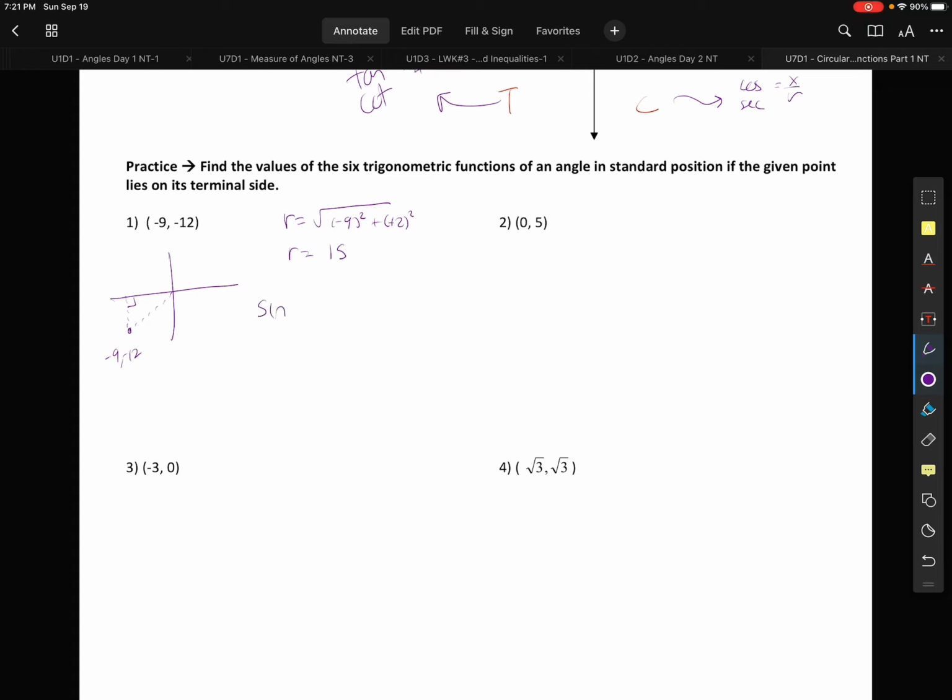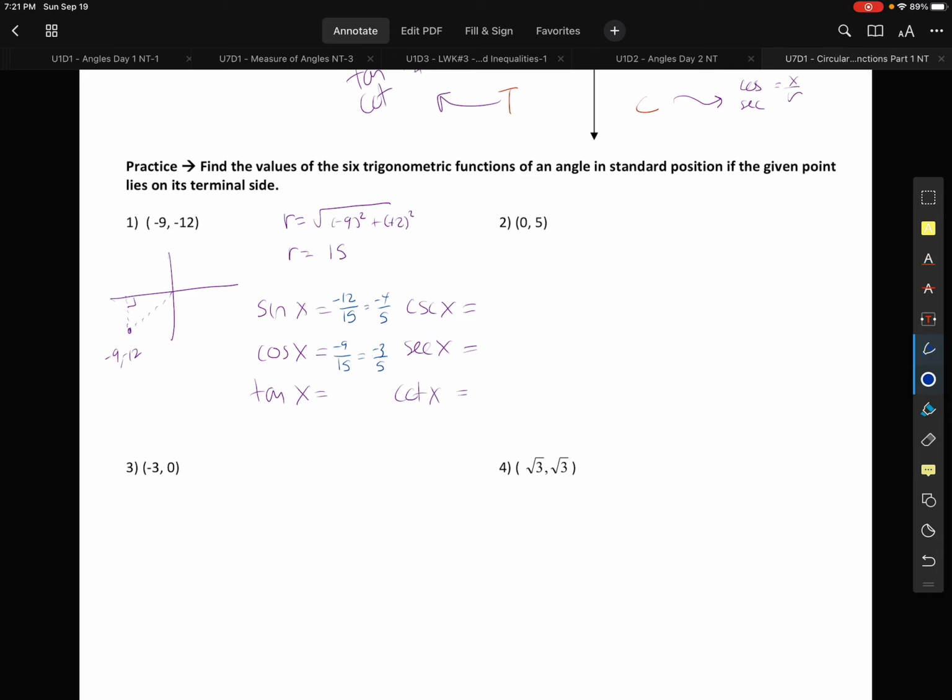So we're talking about sine x, cos x, tan x, and then we got the flip-flops, cosecant x, secant x, cotan x. All right, sine, y over r, -12 over 15. You can simplify that down to -4/5. Cos, x over r, simplify down, -3/5.